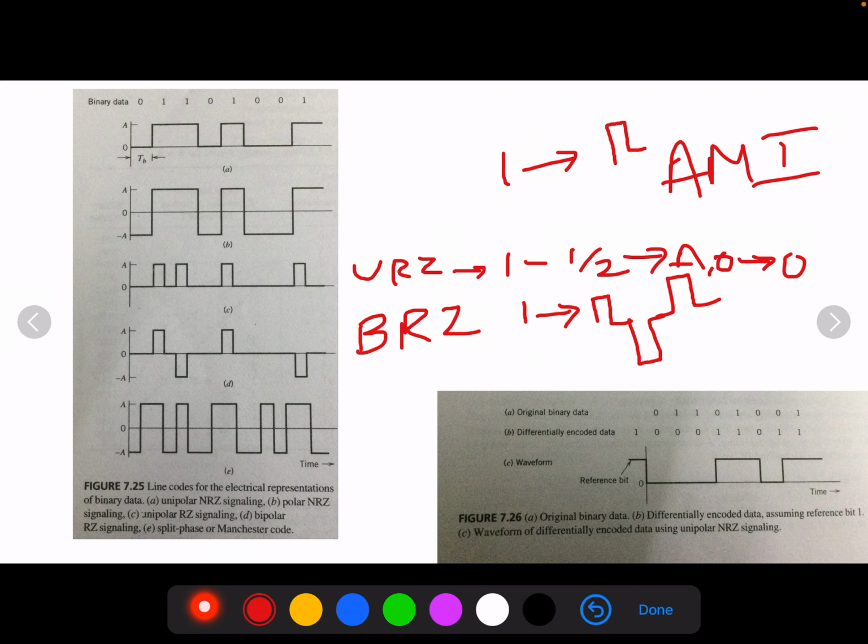Next, Manchester coding, or you can also call this split phase.